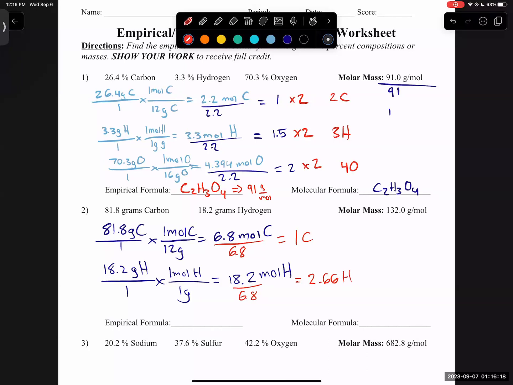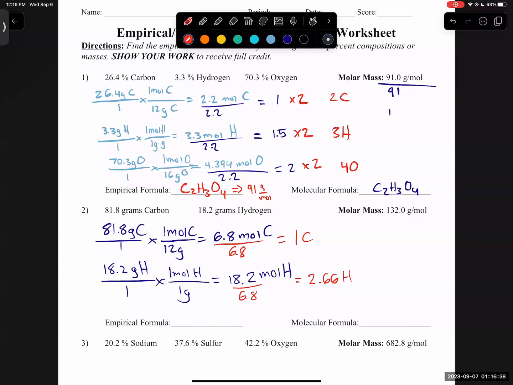So now we know that we can't have 0.66 of a hydrogen atom. So how do y'all go about making this a whole number? You multiply it by 3.